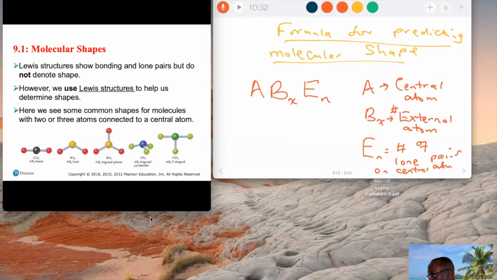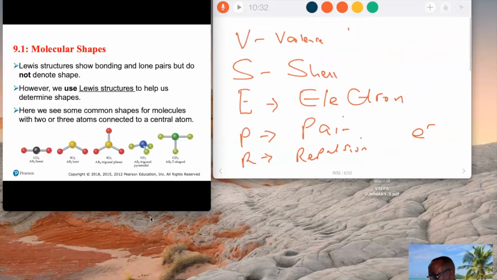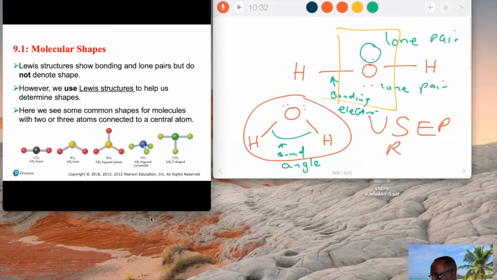For the water molecule, I can say that this is A because there is oxygen. And then P2, we have two hydrogens hooked up to the central atom.